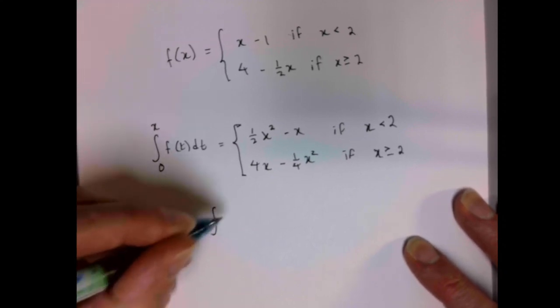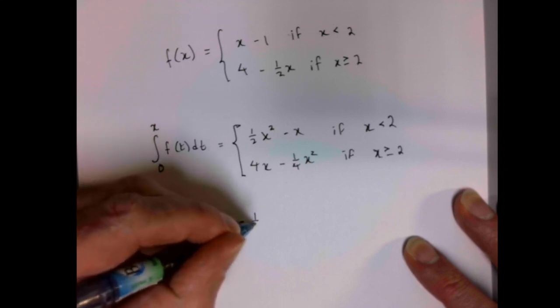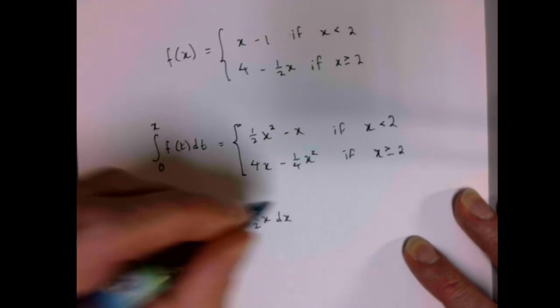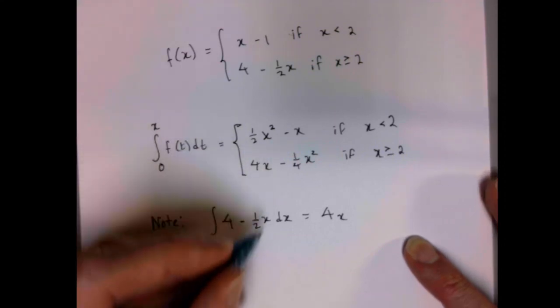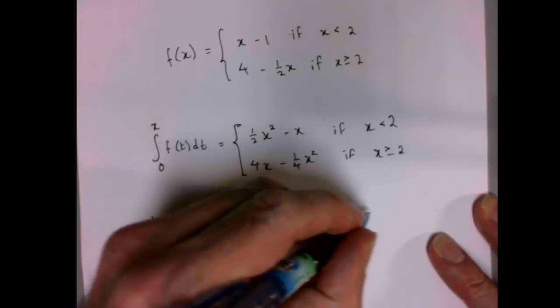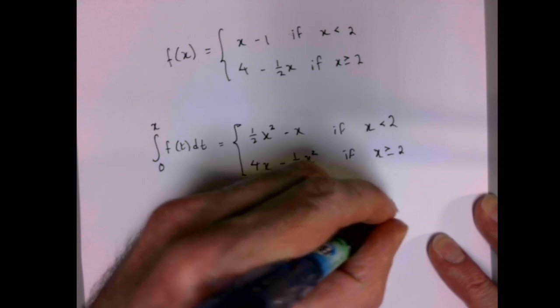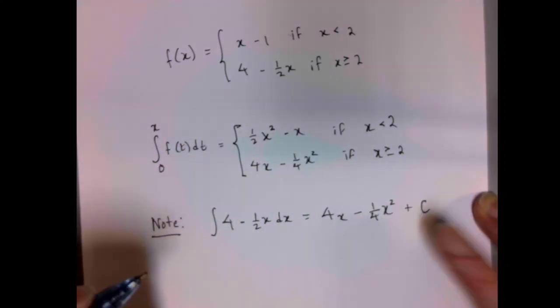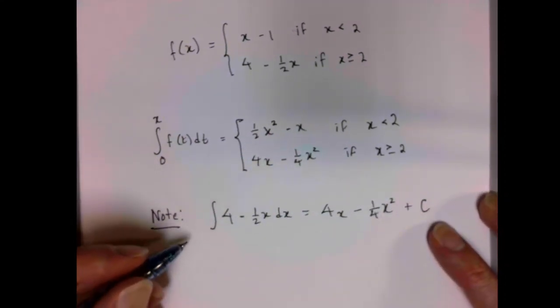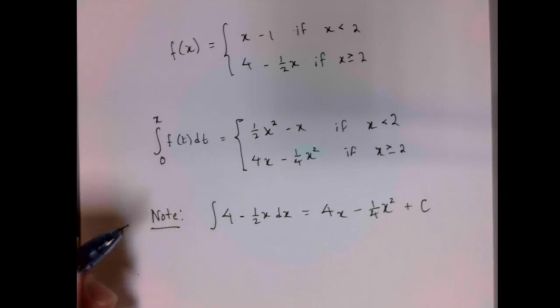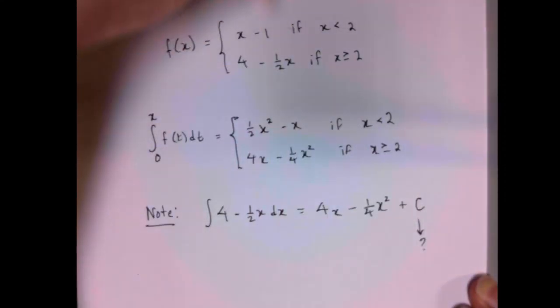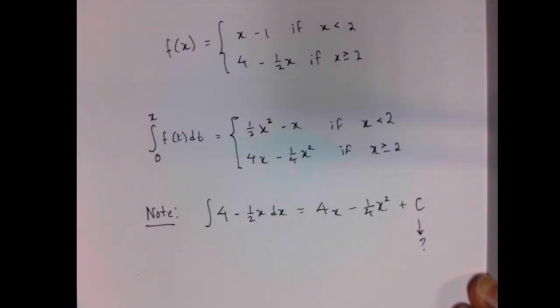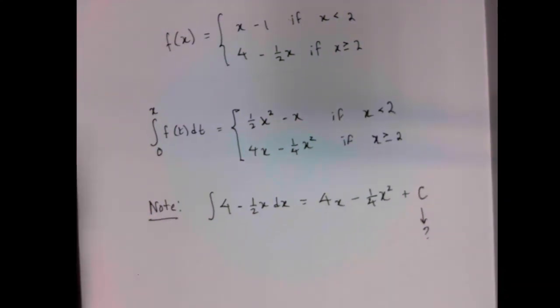If I were to do this, the integral of 4 minus 1/2 x dx, I integrate this, I get 4x. I integrate this, I get 1/4 x squared plus c. So here's what I need to do. The question is, what value should c take?